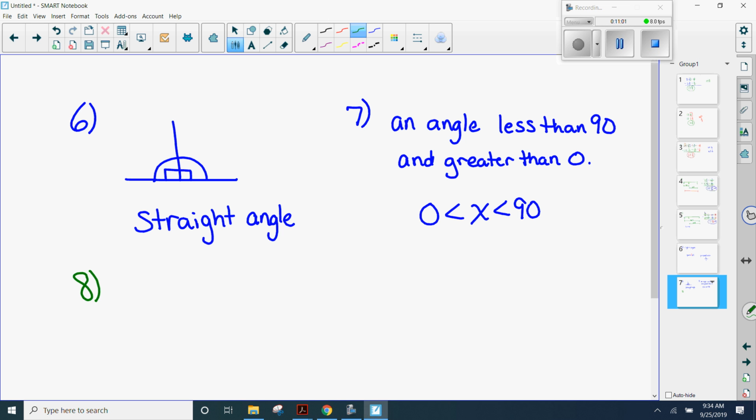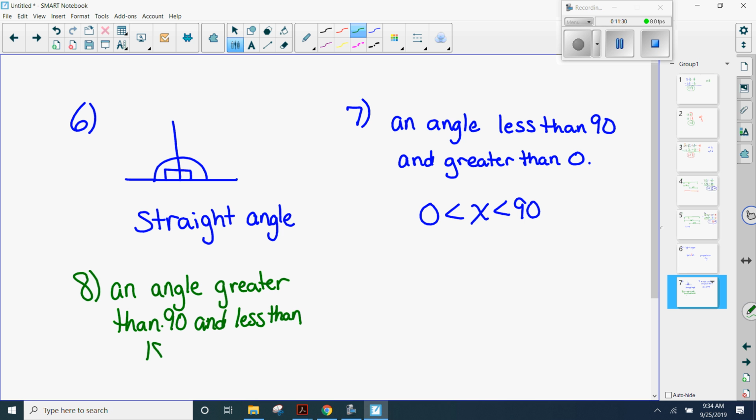What is an obtuse angle? Less than 180, greater than 90. An angle less than 180 degrees.